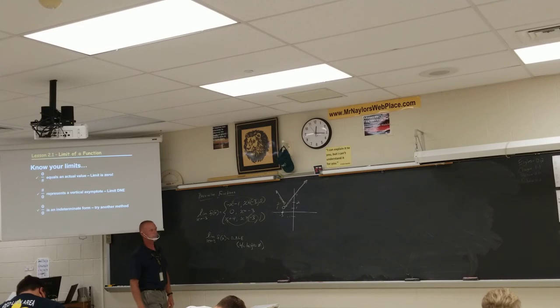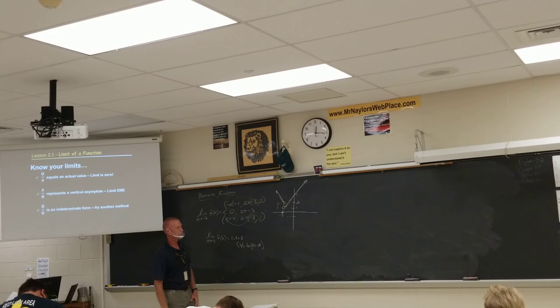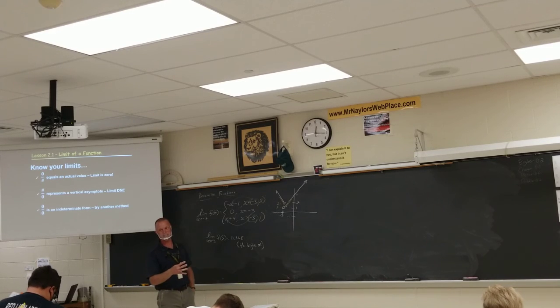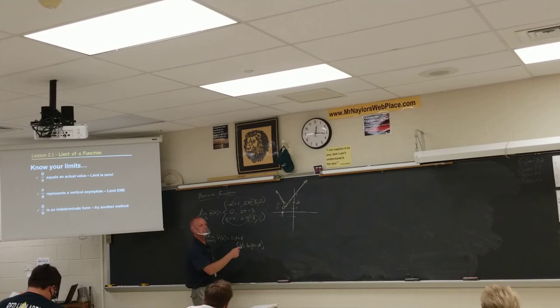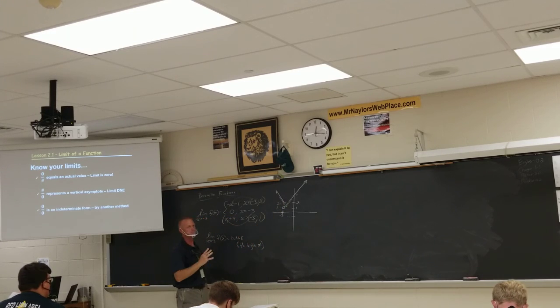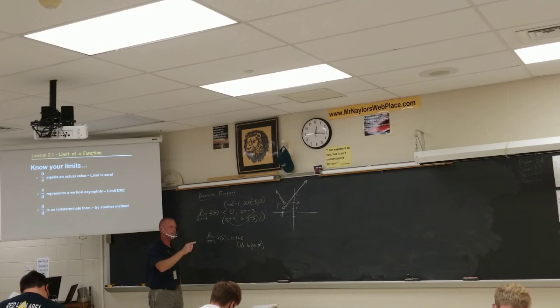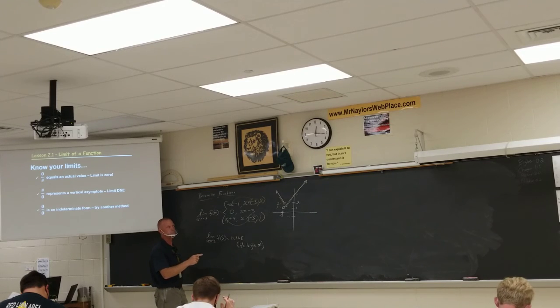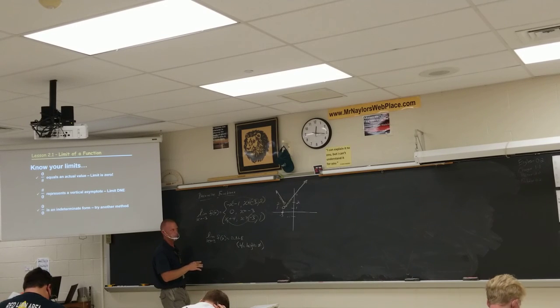But if you're feeling a little bit like, yeah, but Mr. Naylor, something exists. It looks like I was intending to get to 2. Well, that's something that you're kind of sensing there, or at least I want you to be sensing, is our next idea. It's called the left-hand limit.